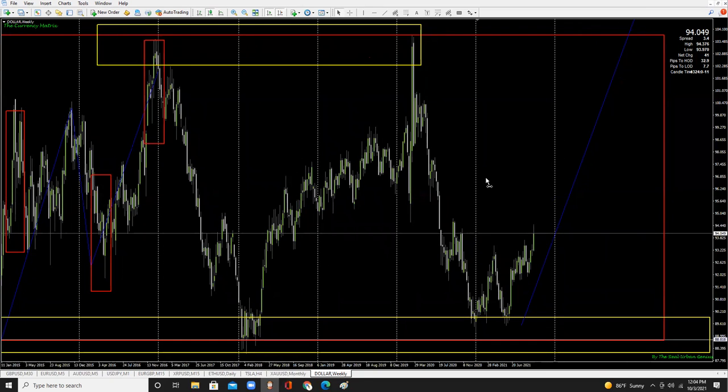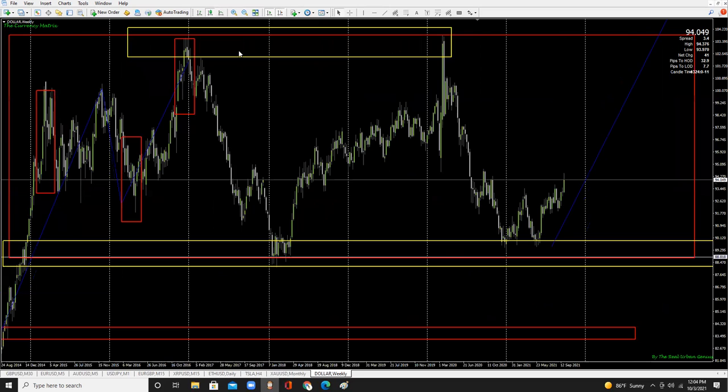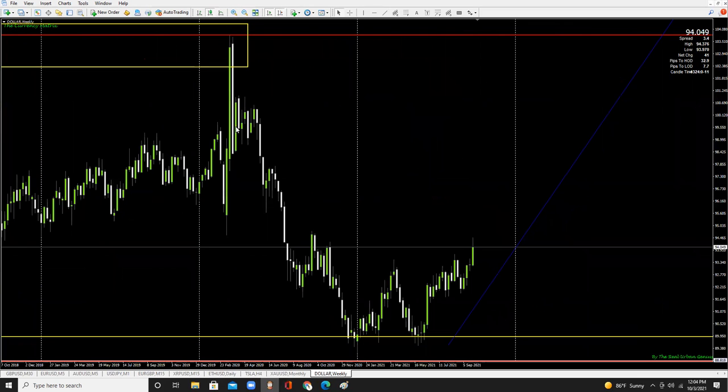So now looking at the weekly, looking at that range, you can see the range very clear. Remember that wick that we just spoke about that was showing on the monthly? This is what formed that. These two candles right here are what formed that huge wick, and that's what that stop pump was.